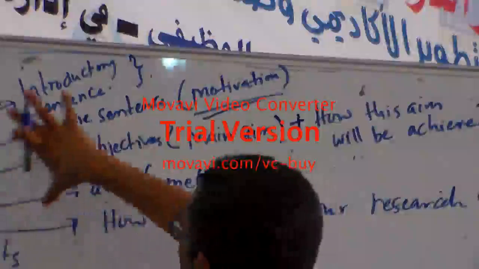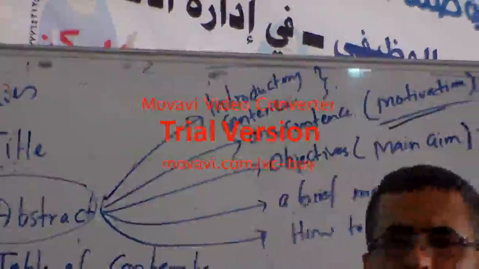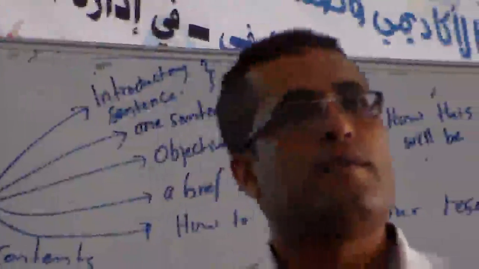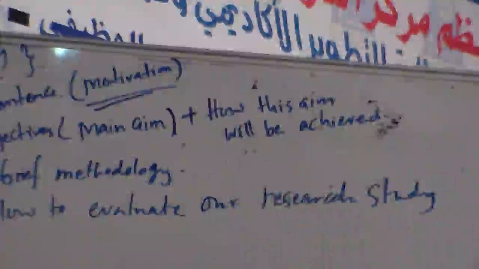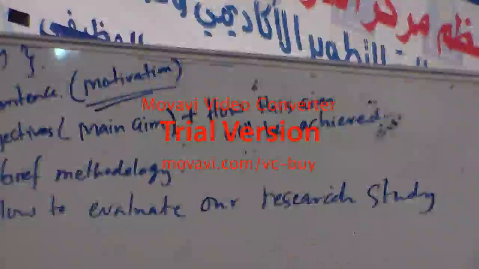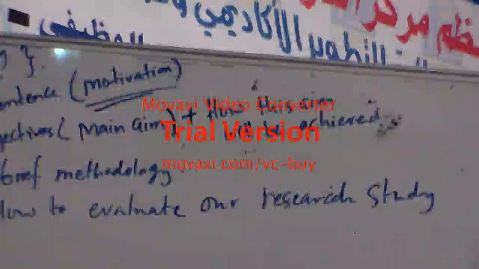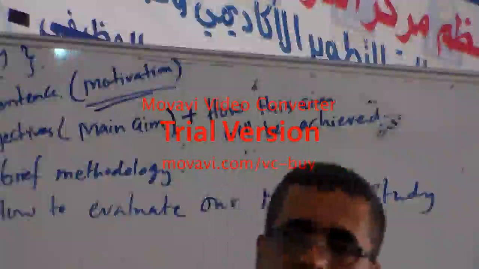These are the elements that should be there in the abstract, but it should be written carefully, in a concise and direct way. Okay? And you will not be able to write the abstract unless you know all these things. So this is why the abstract will be written as the last thing.